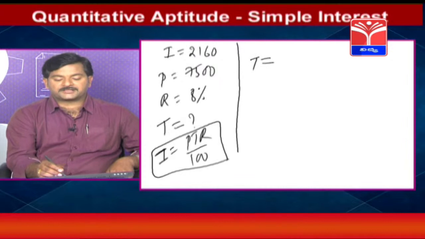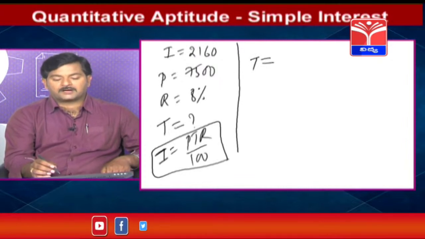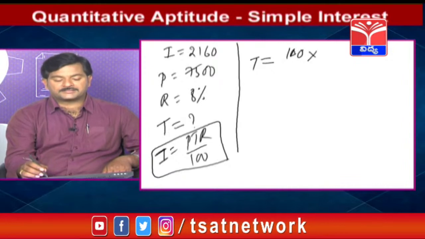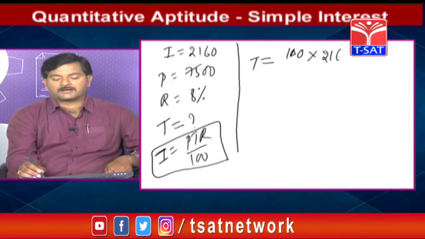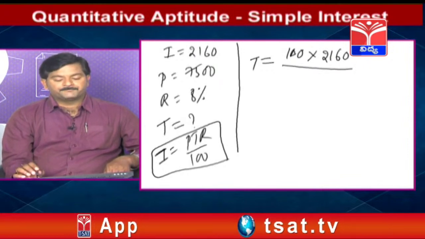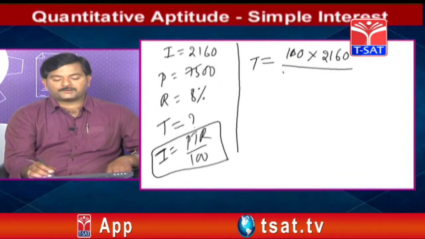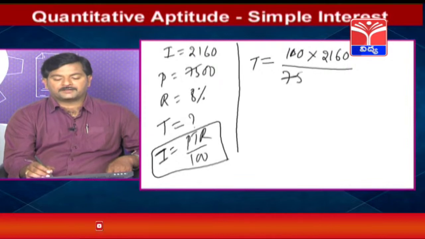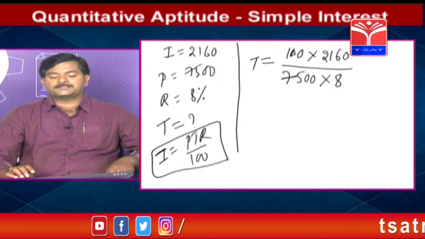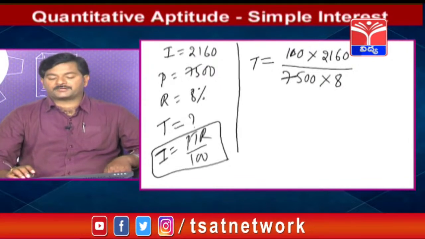That's why we make T the subject here. So T is equal to 100 into I, where I means interest, how much given? 2160, divided by P into R. P value given 7500, R value given 8%. So all the parameters are given.